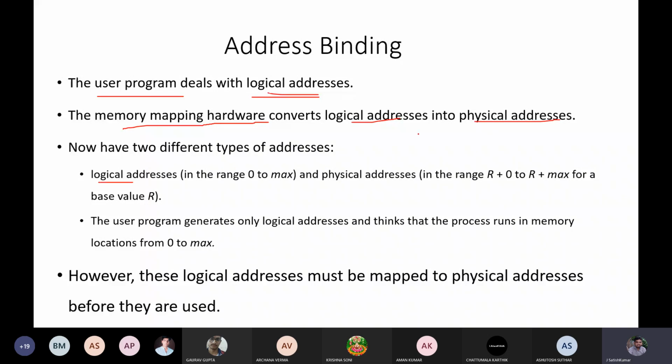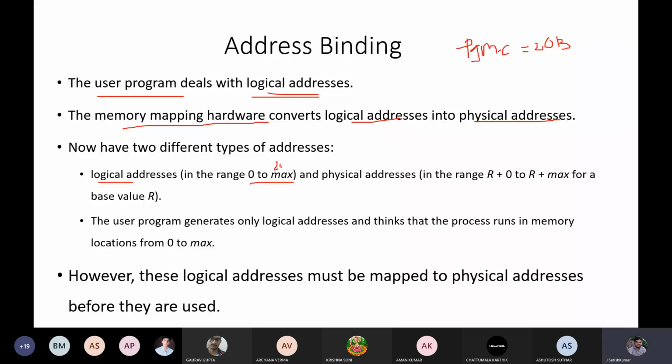Logical address, for example, a program, say program.c, is taking, say, 20 kilobytes. Then the logical address says that the program may take a maximum of 0 to 20 kilobytes. Here max is, say, 20 kilobytes.